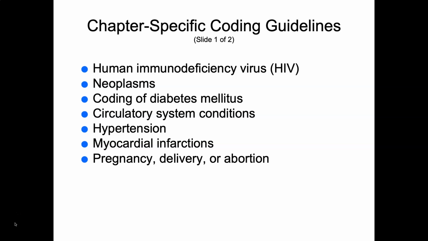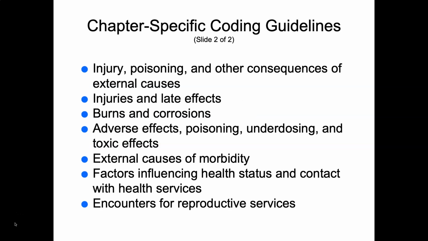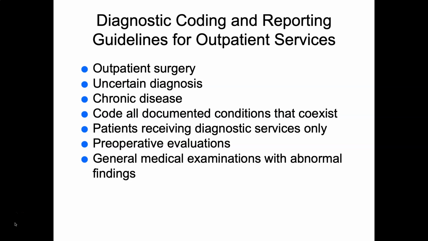And then you get into chapter-specific coding guidelines, and I go through all of these in the other video. So I'm not going to talk about them here. And I cover all of these as well. And you can look at your book.